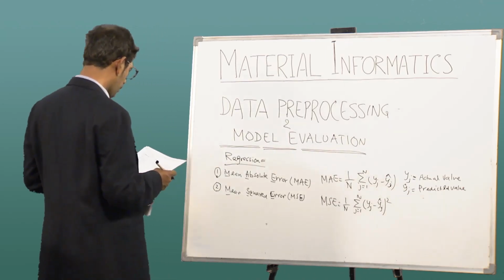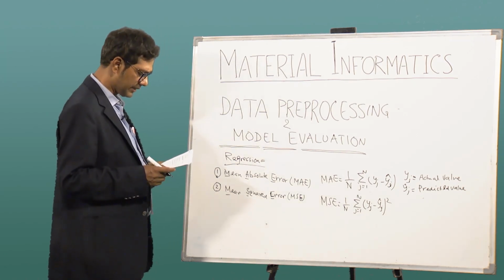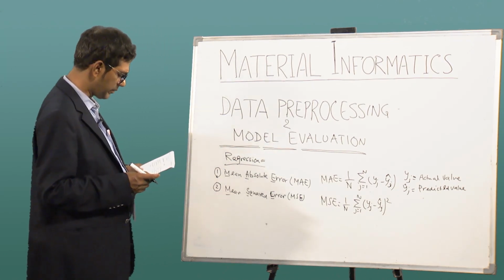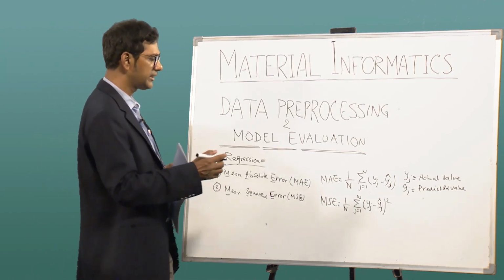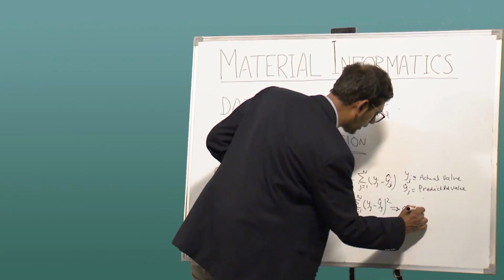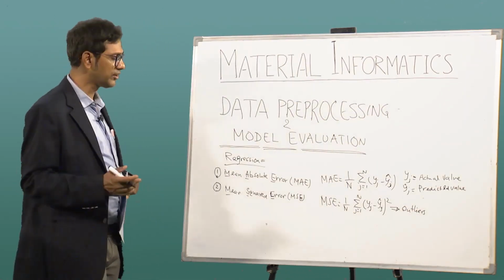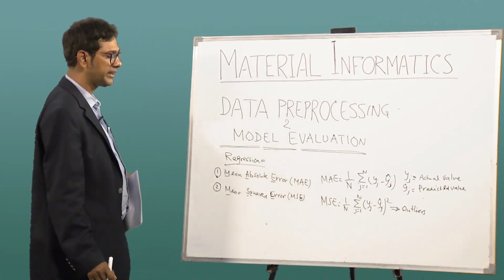Therefore, it is useful if large errors are undesirable, but it can be problematic when outliers are present. It is more related to the problem of outliers. Let me tell you, if there are a lot of outliers in your data sets, the MSE will be very high.